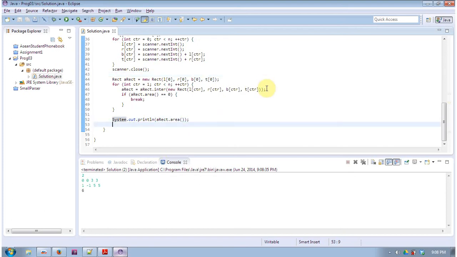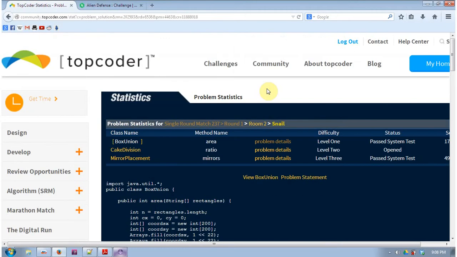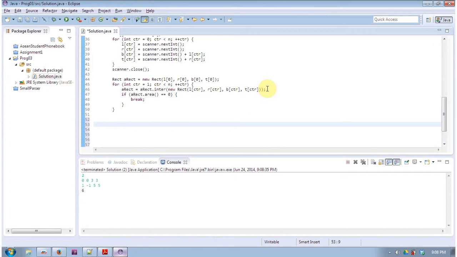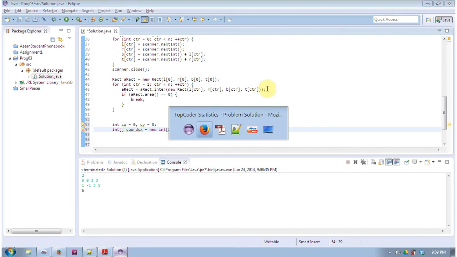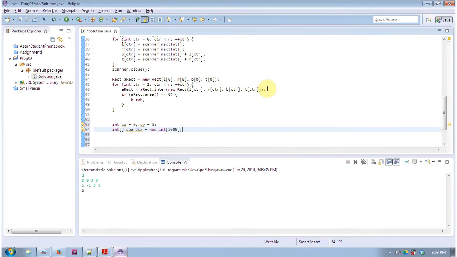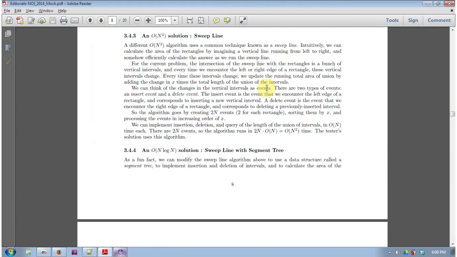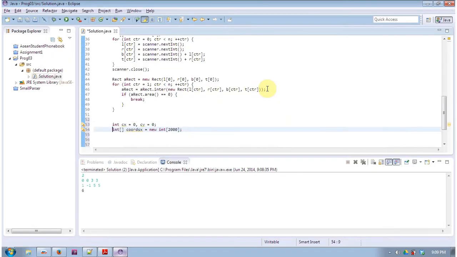So for Snail's algorithm, here goes. He has two variables cx and cy, and he saves all of the values of the sides in coord x. So here we have 2000 values. Since we have 1000 rectangles, 2000 should be sufficient.